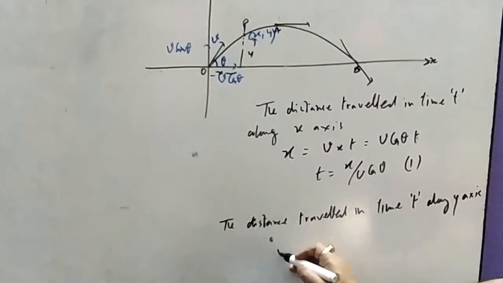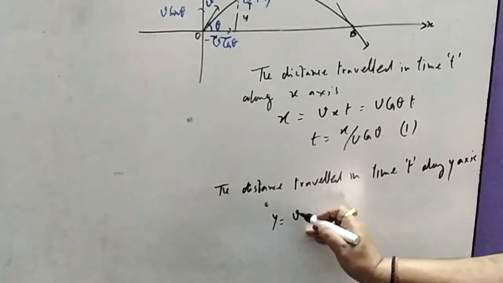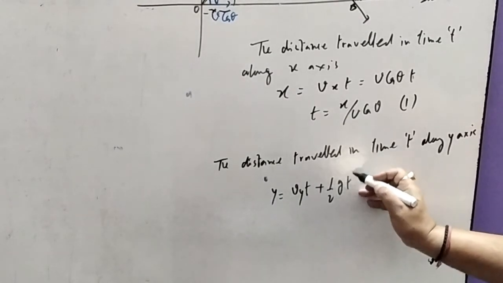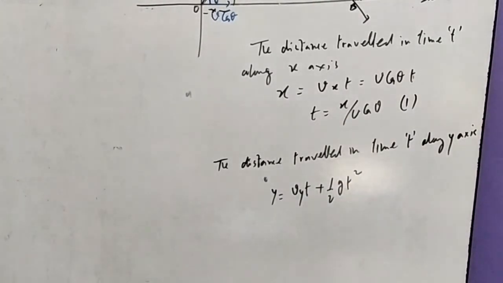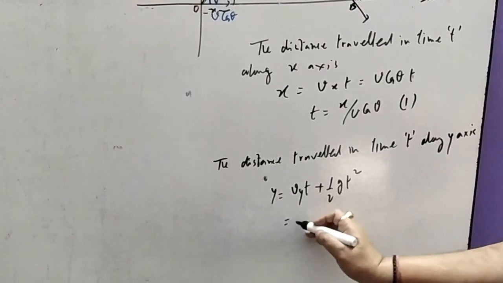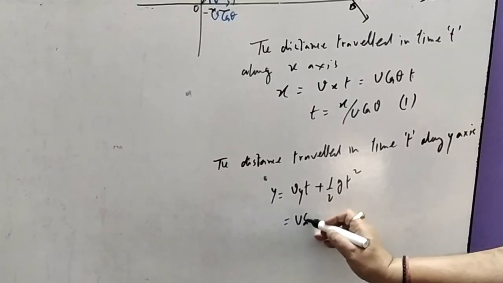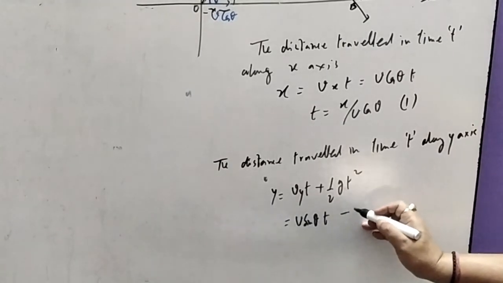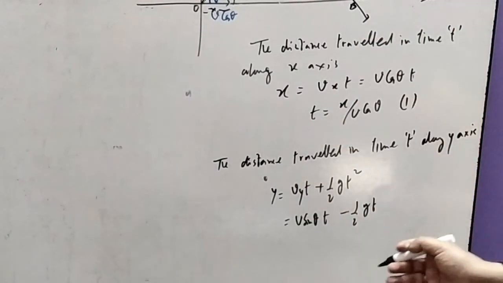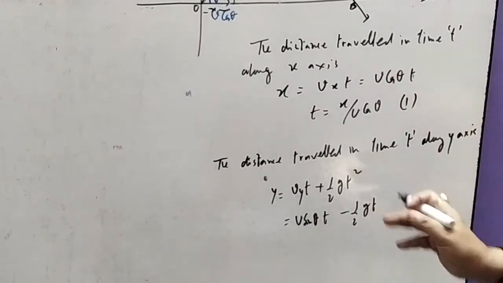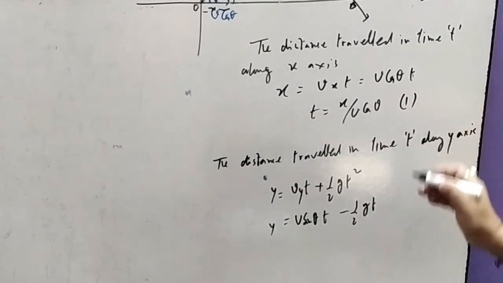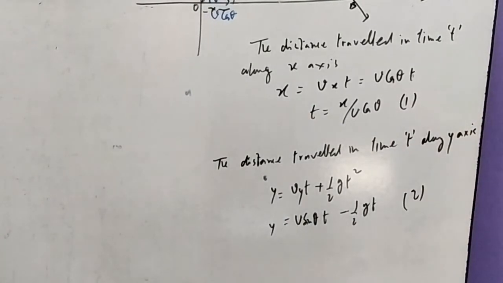We write y equals vy t plus half g t square, where vy is v sin theta, so y equals v sin theta t minus half g t square. You know that when throwing upward, g is negative, and g remains constant along the path. This is equation 2, and we put the value of t from equation 1.